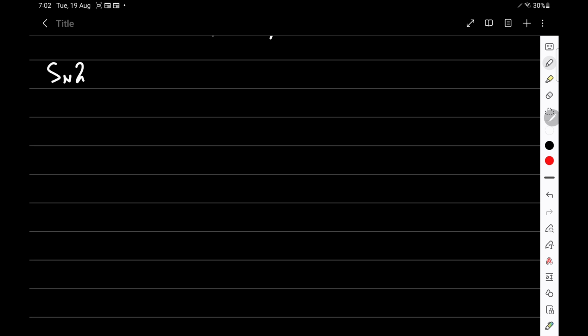Usually SN2 is just called nucleophilic substitution. The 2 implies that there are 2 substances present in the rate equation. Our rate equation this time not only includes the substrate, but also includes the concentration of the nucleophile.